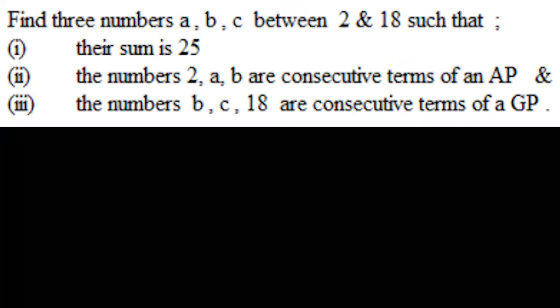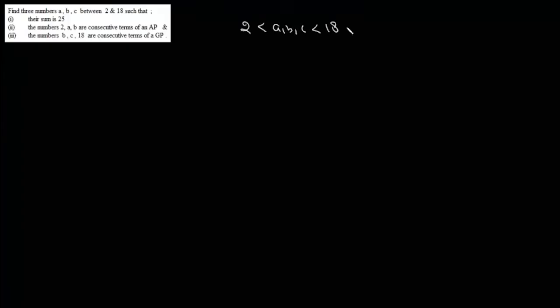Now the question is: find three numbers a, b, c between 2 and 18. So we have to find these three numbers a, b, c lying between 2 and 18 such that their sum is 25. So that means a plus b plus c is 25, and then it says the numbers 2a and b are consecutive terms of an AP.